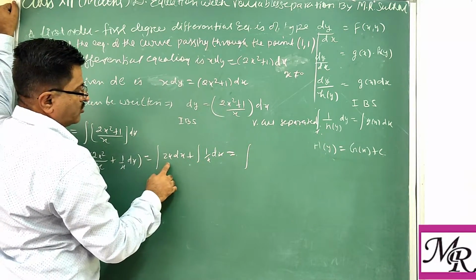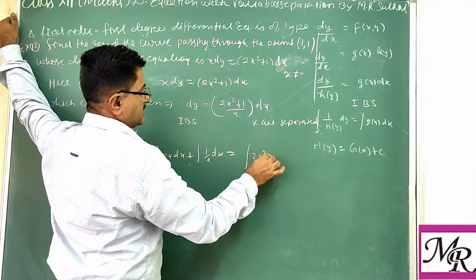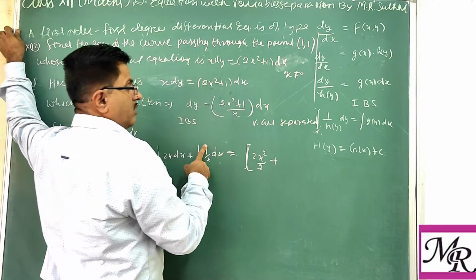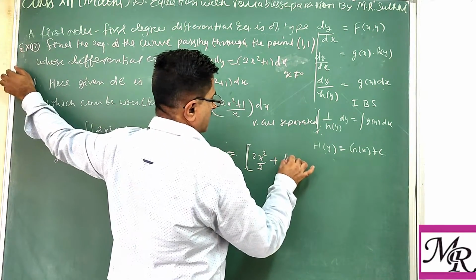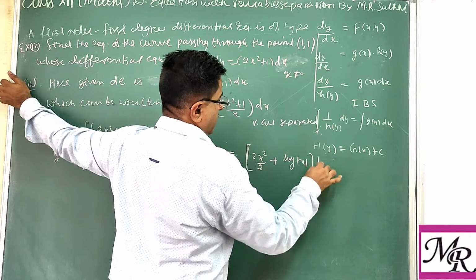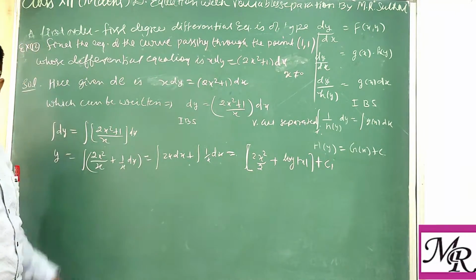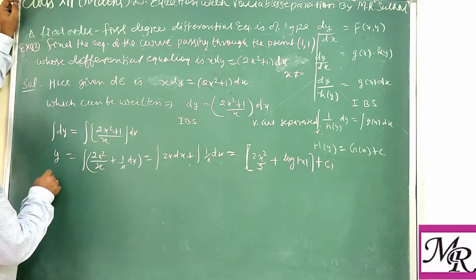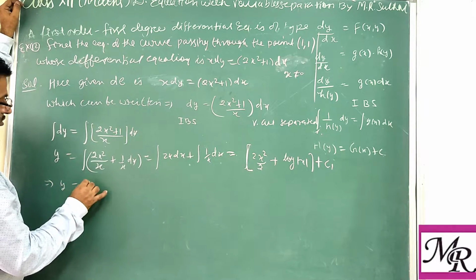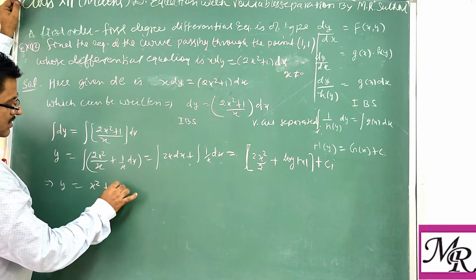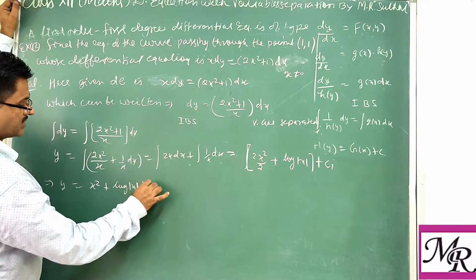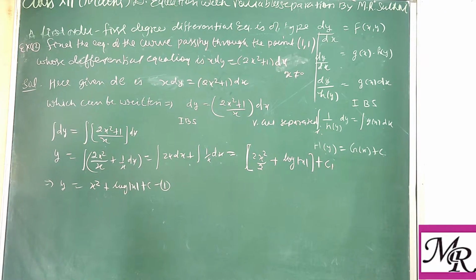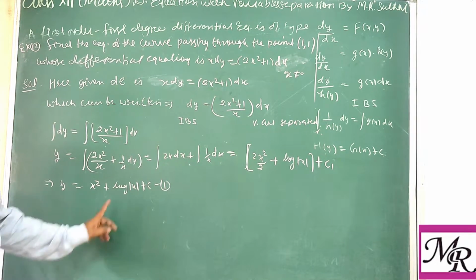Integration of 2x is 2x²/2, plus integration of 1/x, that is log of mod x, plus c1, or you can write c. So y equals x² plus log of mod x plus c. This 2 divides with 2. So we get the solution y = x² + log|x| + c.